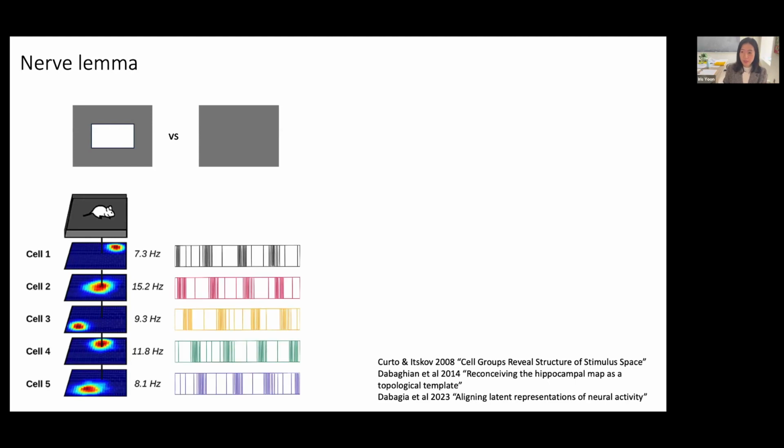The actual measurements that we're going to get are going to be of these spike trains. And the idea is that you can use the similarities between these spike trains, as I've illustrated before, to construct a simplicial complex whose homotopy type can recover the homotopy type of the two environments shown above.